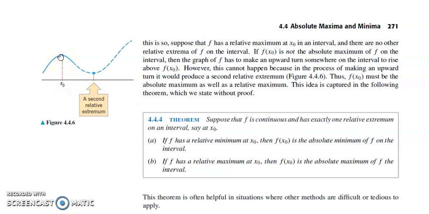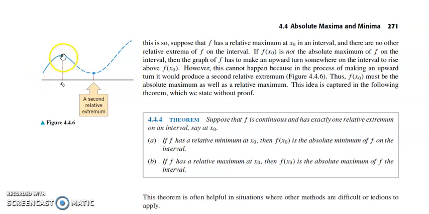Now what we have to prove is that f of x0 is the absolute maximum. Suppose f of x0 is not an absolute maximum. Then there must be another absolute maximum, so the function must approach a greater value.